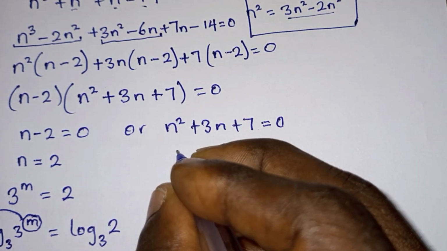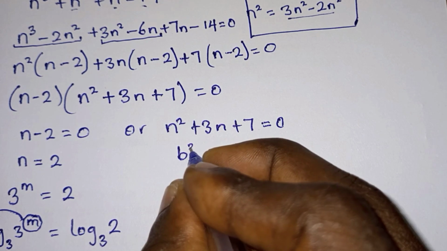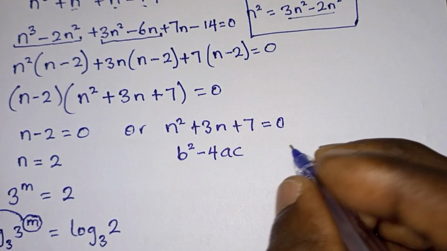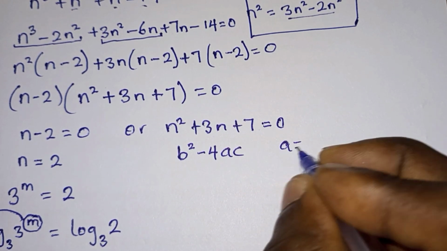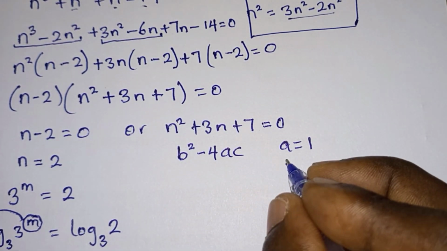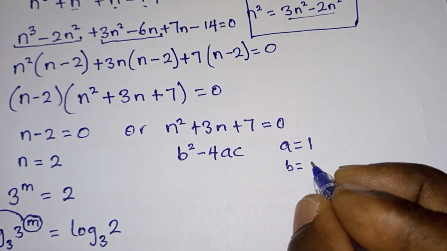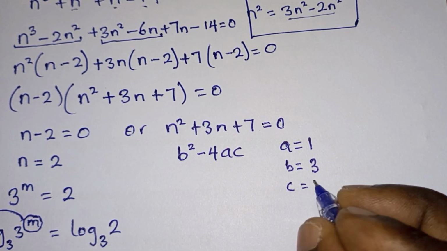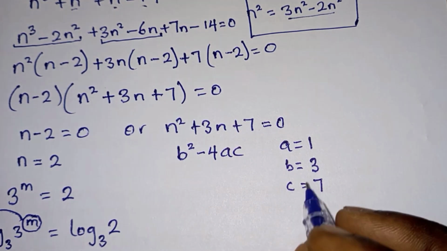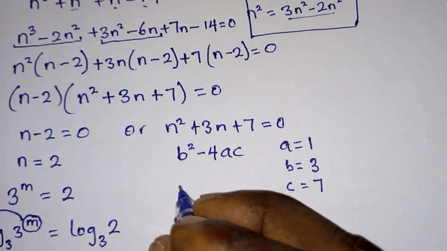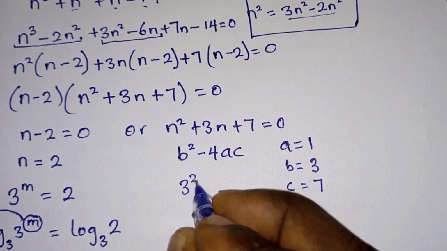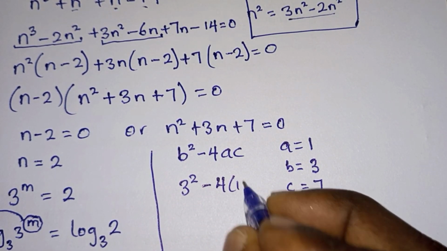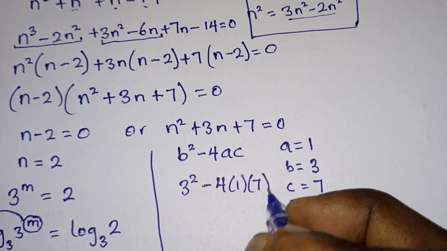So let's see. Using the discriminant formula, we have b squared minus 4ac. From the equation, we have a is equal to the coefficient of n squared, b is equal to the coefficient of n, and then c is the constant, which is 7. So putting this into this expression, we have 3 squared minus 4 times 1 times 7.